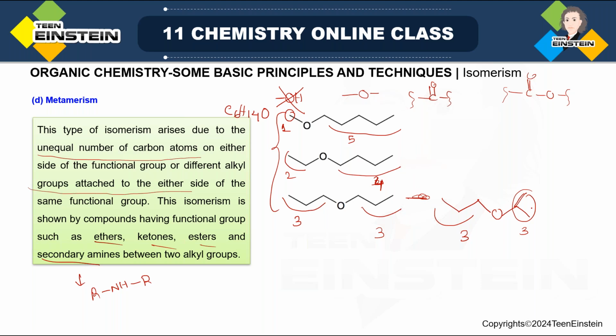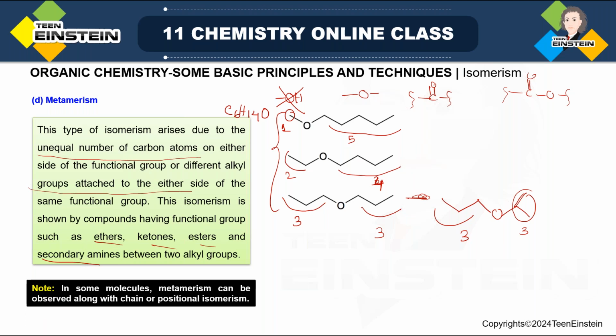So whether it is an unequal number of carbon or a different alkyl group, in both cases you can consider it as metamerism, right? Now we are seeing examples only with ether, because mostly you will find it in ether, but sometimes you can have some confusion. The confusion arises because in some molecules, metamerism can overlap with chain or position isomerism.